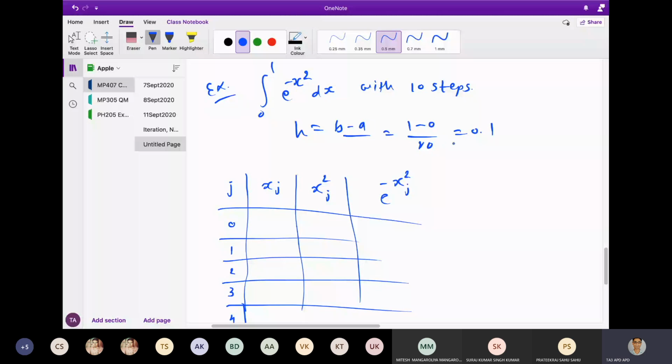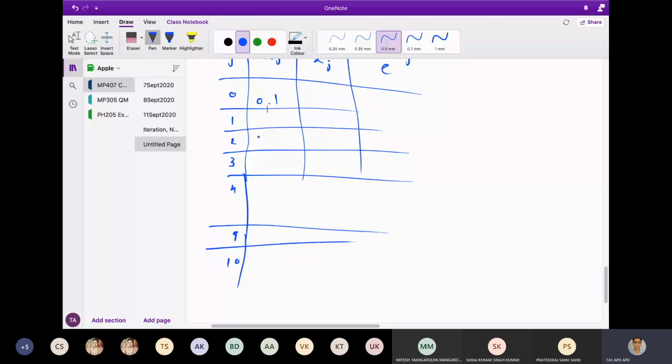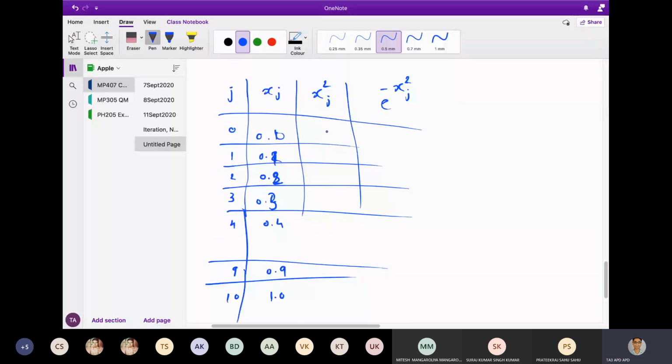So this is nothing but 0, 0.1, 0.2, 0.3, 0.4 up to 0.9 and 1.0. And then you take the square, and then you take e to the power minus xj square. At the end you can write down this value over here, e to the power 0.